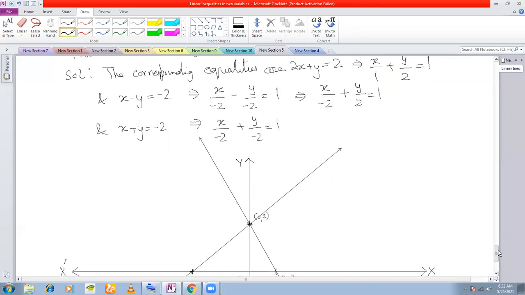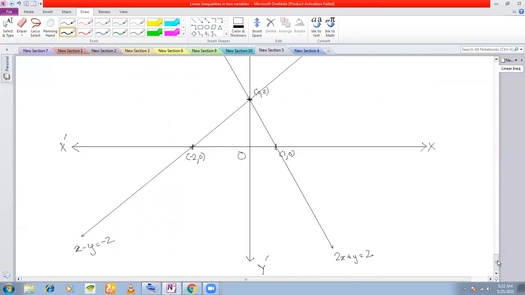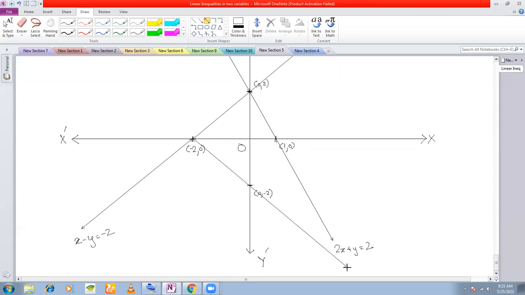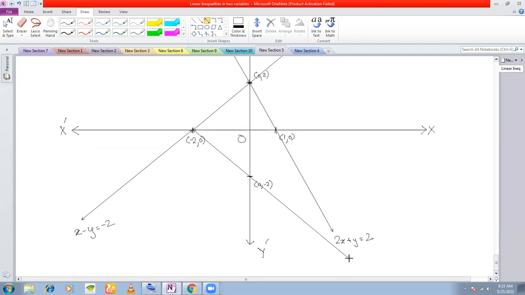And the third one, -2 and -2. So I have a -2 here and -2 here will lie, say somewhere over here. This is (0, -2). So we'll have the third line looking like this. Okay.